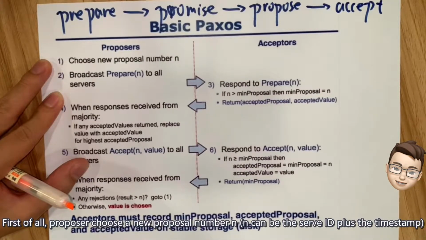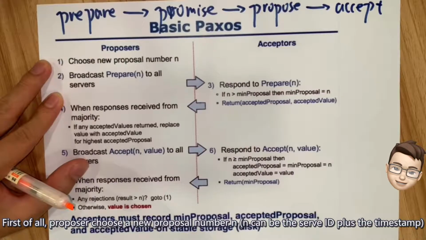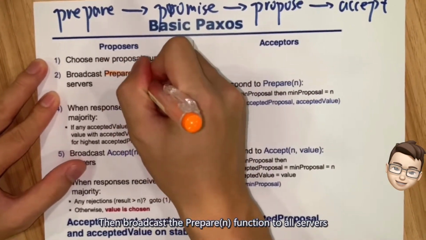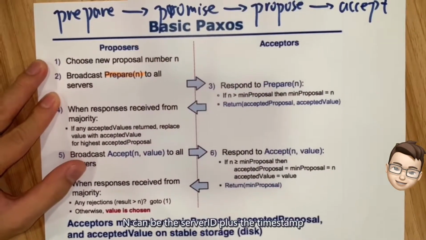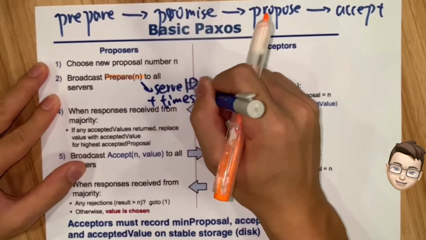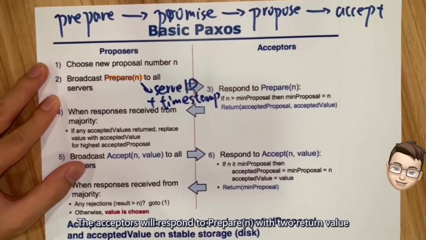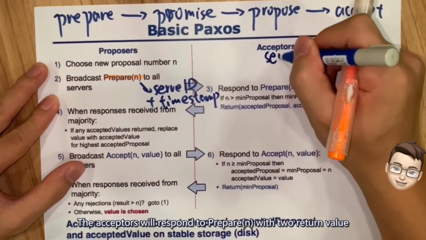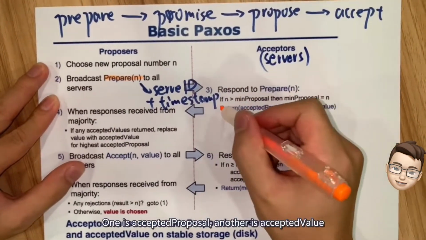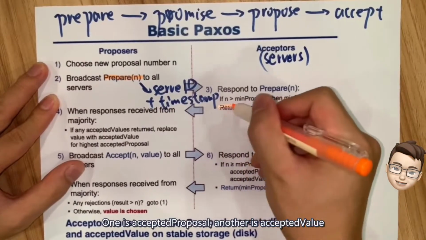First of all, the proposer chooses a new proposal number n and broadcasts the prepare function to all servers. N can be the server ID plus the timestamp. Then the acceptors will respond to the prepare function with two return values. One is the accepted proposal, another is the accepted value.